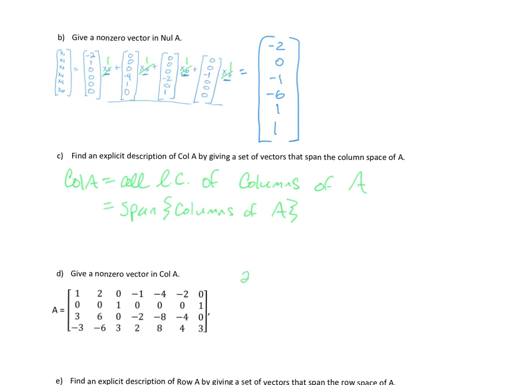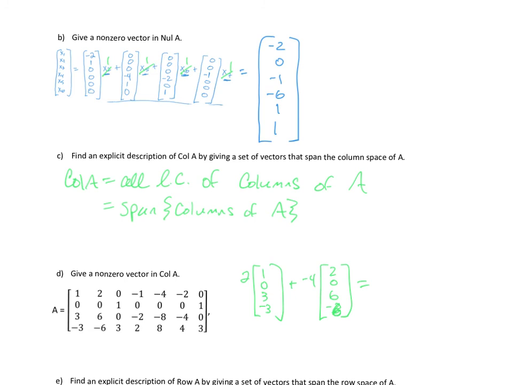Maybe I'll do like 2 times 1, 1, 0, 3, -3, plus -4 times 2, 0, 6, -6. And then I'll put zeros on everything else.